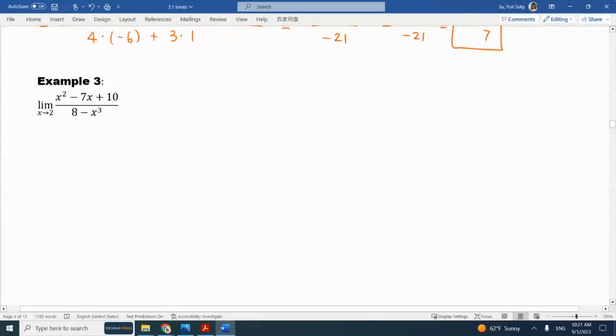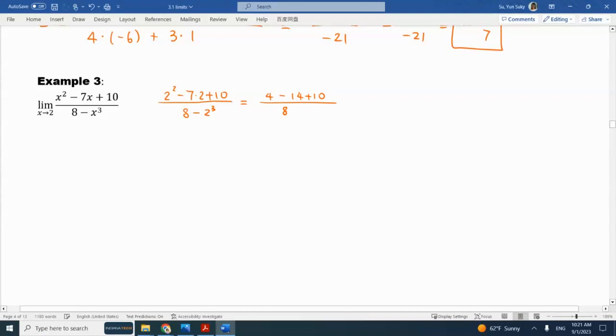Example 3. Let's see, if we plug in 2, what happens? 2 squared, minus 7 times 2 plus 10, over 8 minus 2 cubed. 2 squared is what? 4. 7 times 2 is 14.